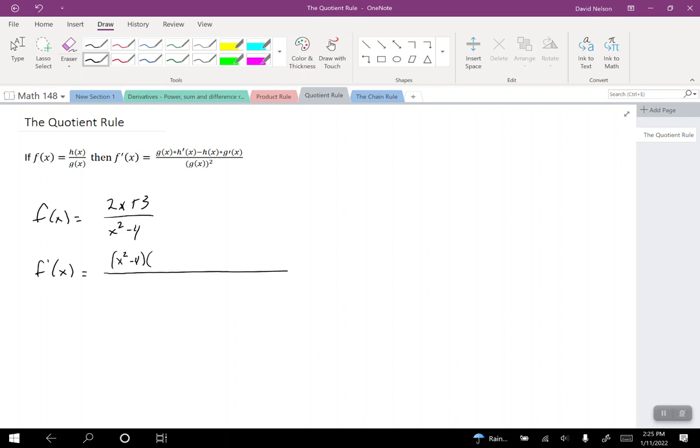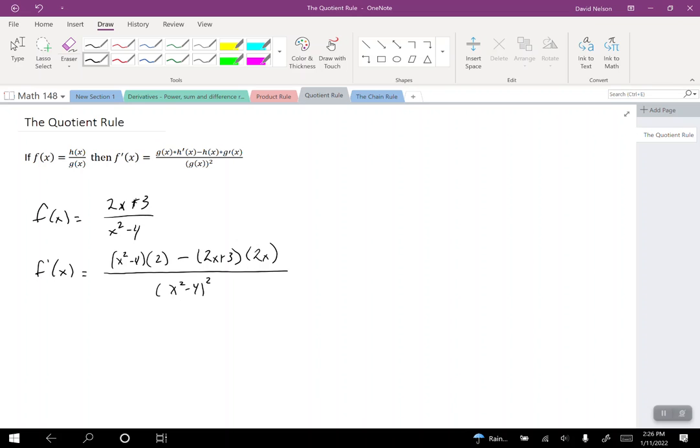The derivative of 2x plus 3 is just 2. So minus the top function, 2x plus 3, multiplied by the derivative of the bottom function, 2x, all over the bottom function squared.